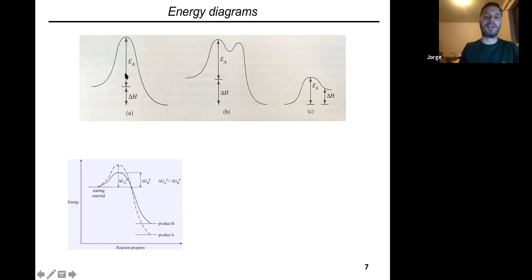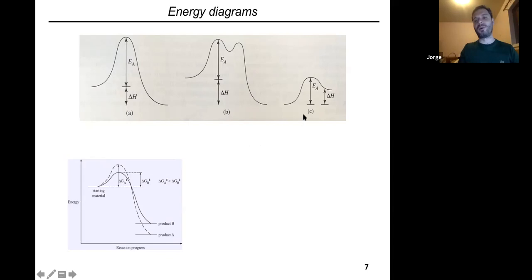However, the activation energy is high, so that means this reaction has slow kinetics, okay? So energetically or thermodynamically speaking, it should occur, but the kinetics is slow, okay? Therefore, this is a spontaneous and slow reaction.